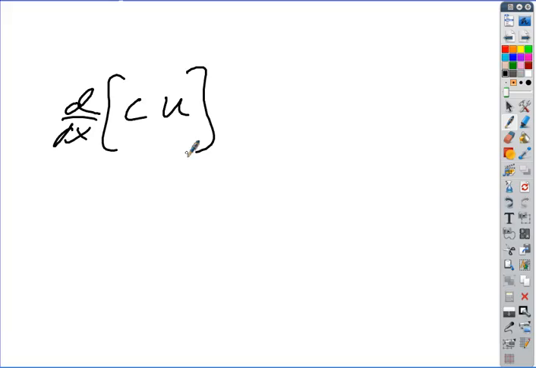So this is going to be c u prime, where u prime is just du dx. Notice that the constant is just stuck out front. It doesn't do anything. We can effectively pull that out of the derivative and not worry about it. Just multiply it through at the end.